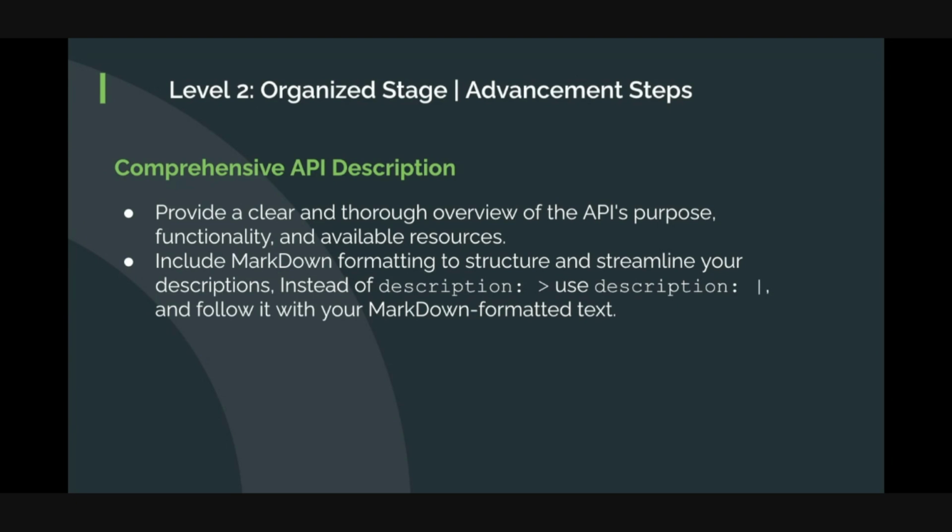Instead of a vague title, use a more descriptive approach. You can outline key capabilities and operations the API offers, providing a roadmap of functionality without overwhelming developers with detailed descriptions. But clearly list and describe the resource collections exposed by the API, helping developers understand the data structure and organization. And of course, which is really important, you can include Markdown formatting to structure and streamline your descriptions.